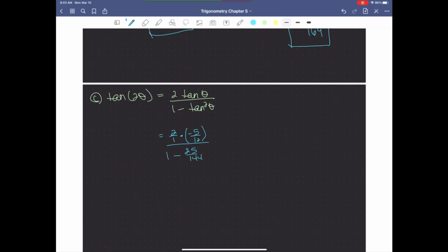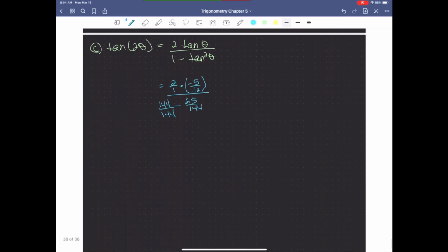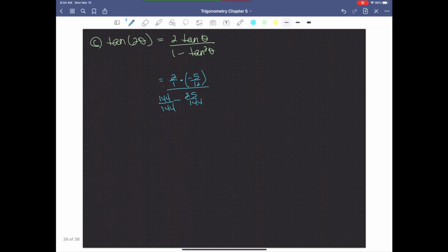And sometimes I go ahead and figure out that fraction first, and then guess what I'm going to change that 1 to? 144 over 144, right? Alright, so now we did our plug-in, now we just got to do our chug-in.